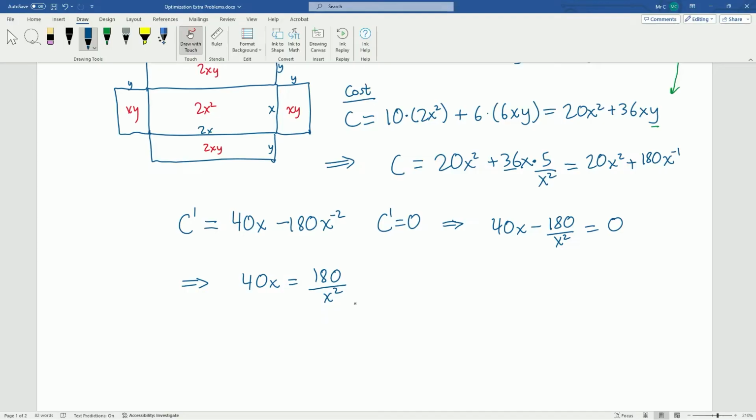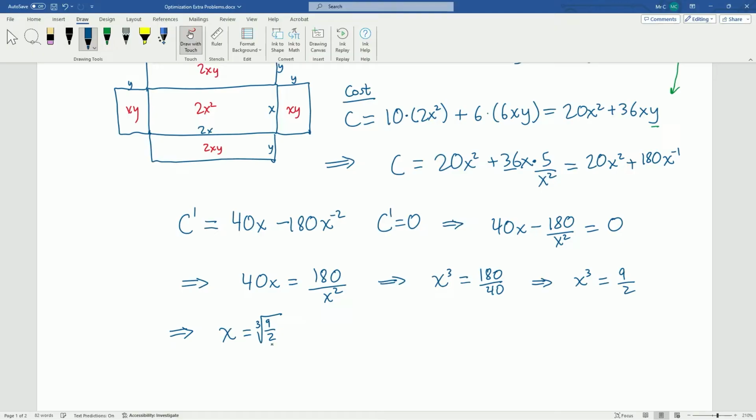We'll multiply by x squared and divide by 40. That gives us x cubed equals 180 over 40. So this gives us x cubed is 9/2. So finally, x is the cubed root of 9/2.